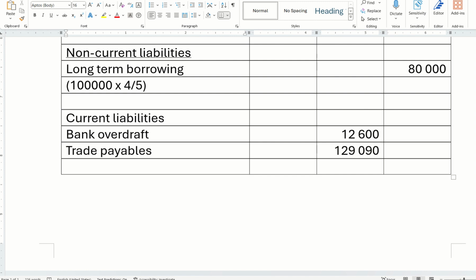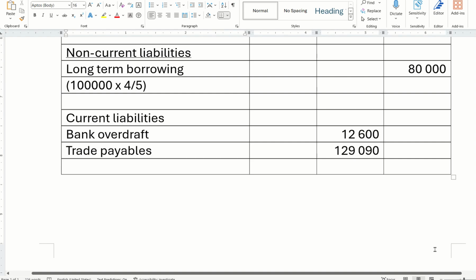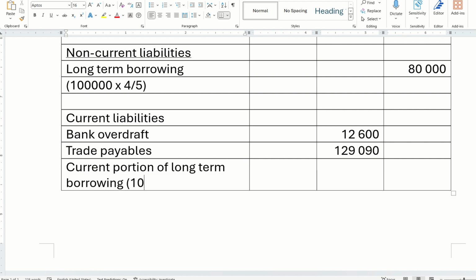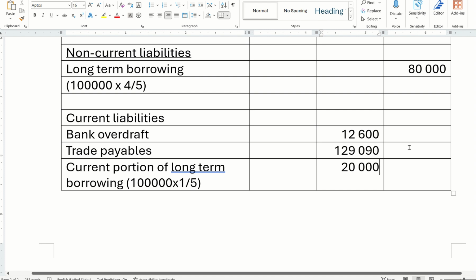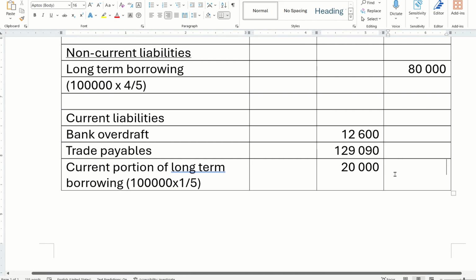There is one more current liability over here, my current portion of long-term borrowing, 20,000. And I have used that. Let me go back and check whether there are any other current liabilities. No more. So I'm going to add all of this up together.